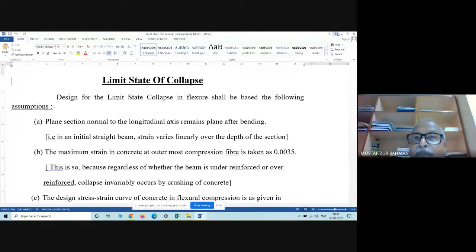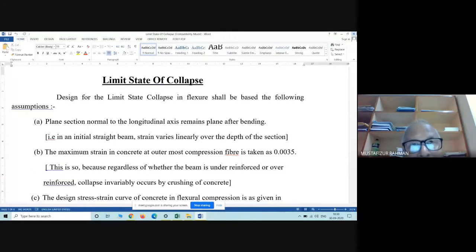If you plot the stress strain curve for concrete, as in any concrete technology book, you will not get any defined shape, whether straight, parabolic or hyperbolic. So it is observed that the maximum strain is considered 0.0035, that means 0.35%.